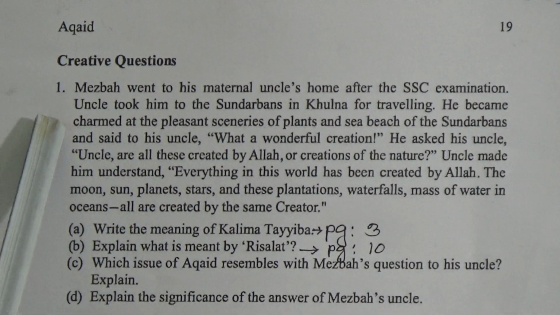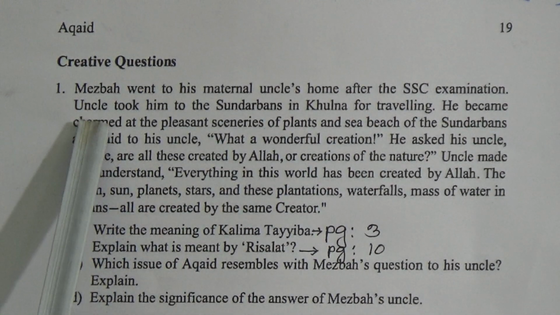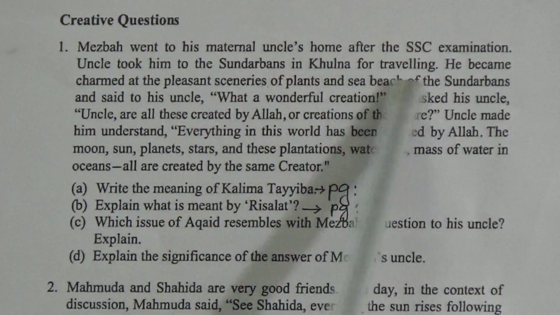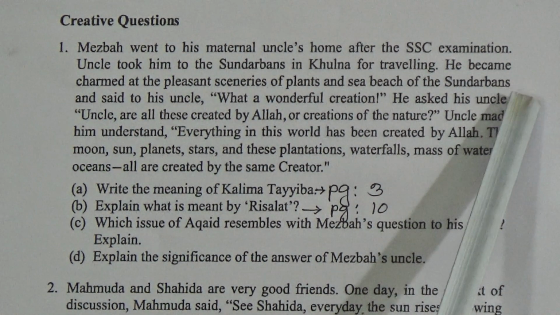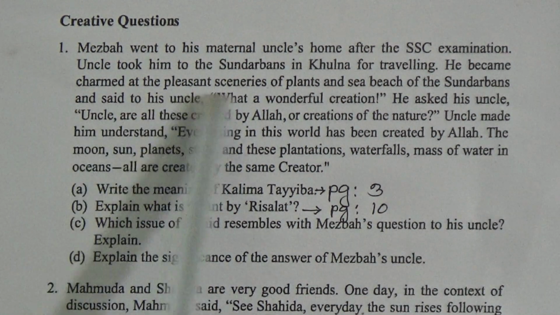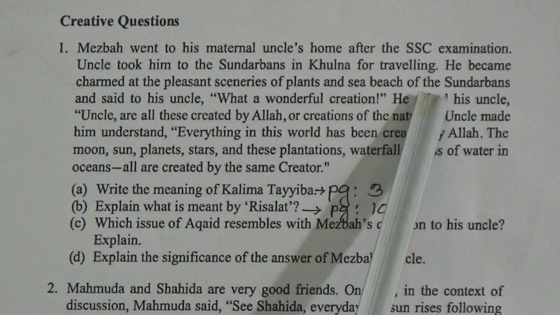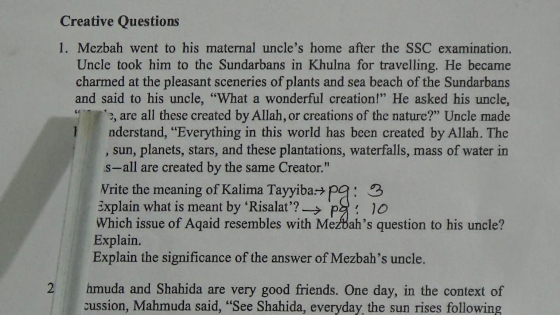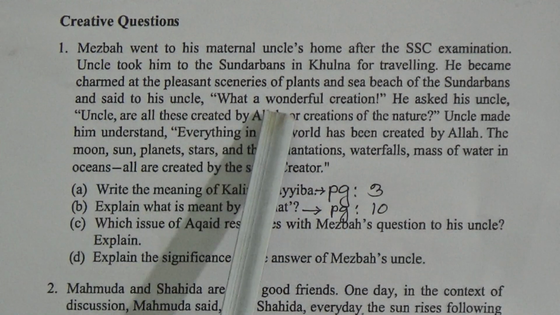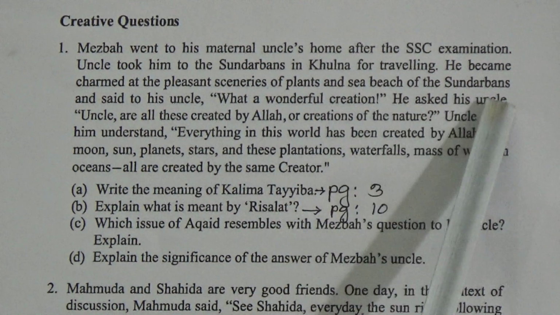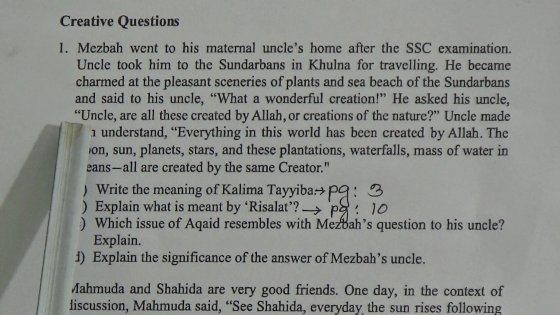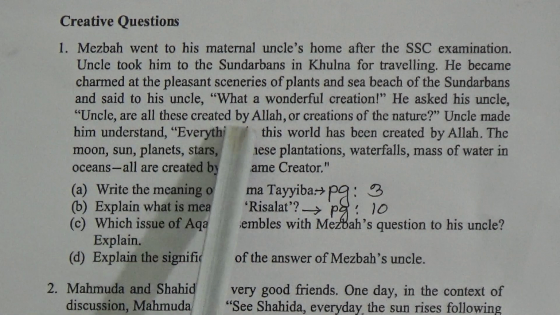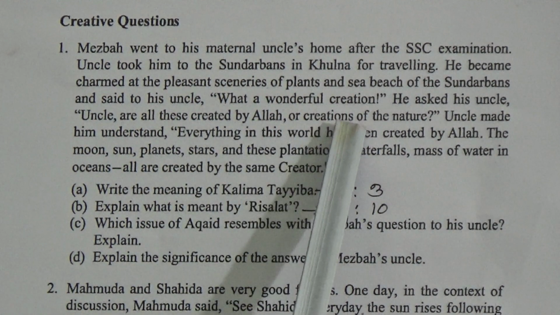The stem or passage is: Mesbah went to his maternal uncle's home after the SSC examination. Uncle took him to the Sundarbans in Khulna for traveling. He became charmed at the pleasant sceneries of plants and cities of the Sundarbans and said to his uncle, What a wonderful creation.